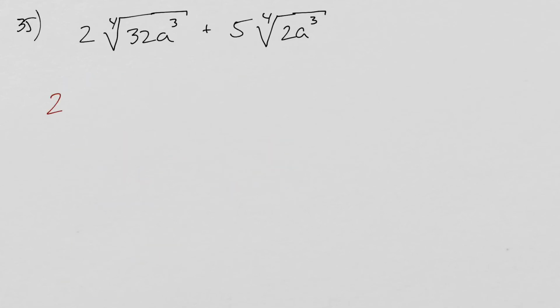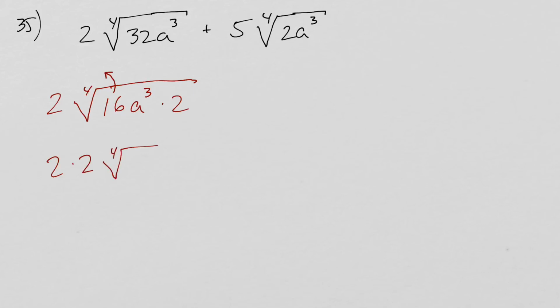Okay, this is 2 times the 4th root of 16a cubed times 2. That's 16. I should have just written the 16 times 2. But anyway, the 2 is sitting there. When you take the 4th root of 16, you get another 2 on the outside. And then it's the 4th root of, well, 2a cubed, the stuff left behind.